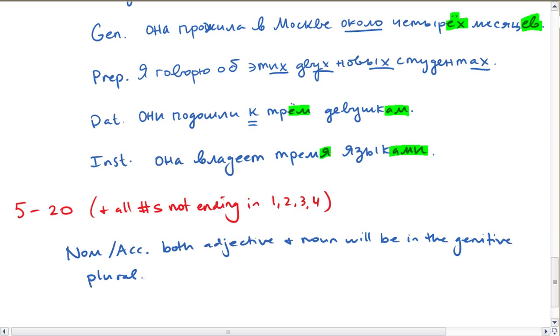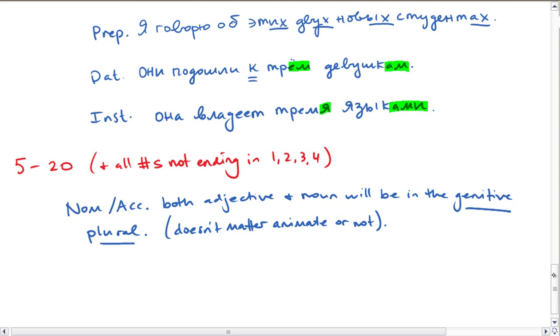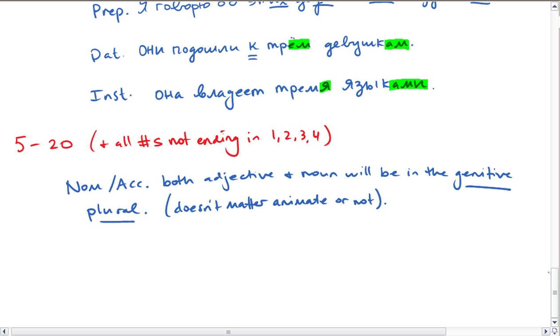We're very familiar now with this case, and it doesn't matter whether it's animate or inanimate, right? So that animate rule that we had with the accusative case for 2, 3, and 4 doesn't matter anymore.